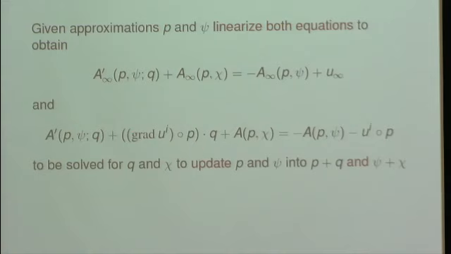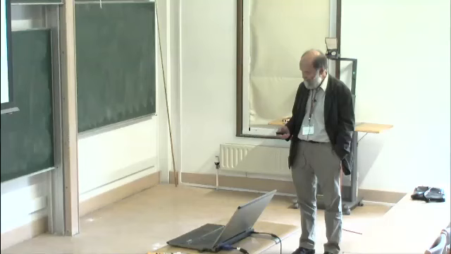This term is popping in, and this has to be solved. If we have an approximation for the parameterization and the density, then we solve this linear 2x2 system for the q and the chi, and update p plus q and psi plus chi.